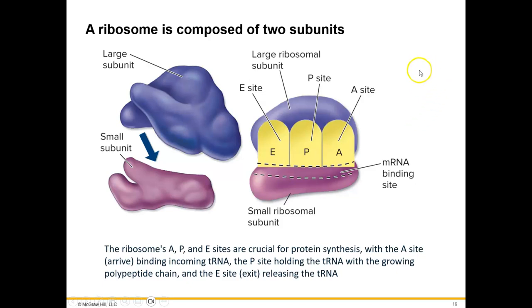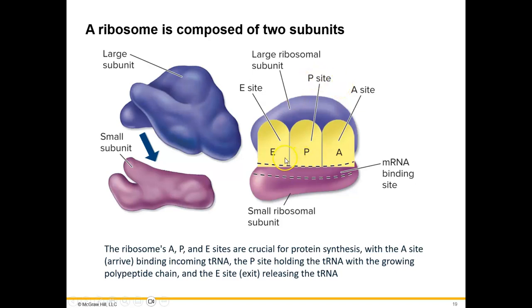tRNA is going to bring our individual amino acids to this A site, which is the first of our 3 sites. We've got an A site, P site, and E site. And our transfer RNA is going to line up with the codons on our mRNA and bring an amino acid. Once we get to the P site, those amino acids are going to be able to create peptide bonds.